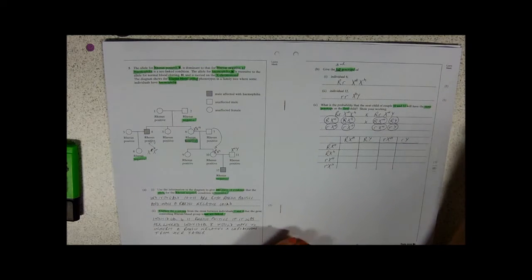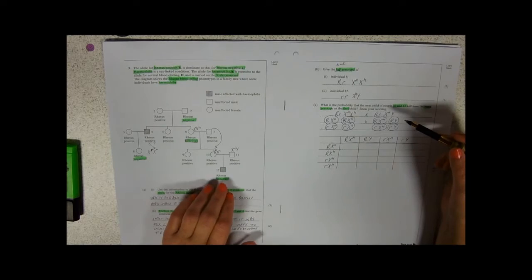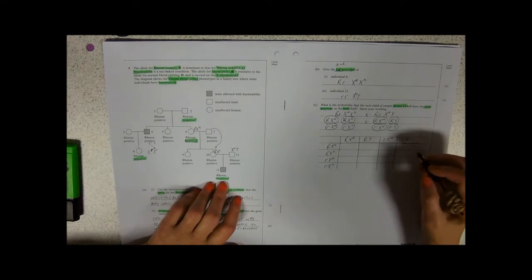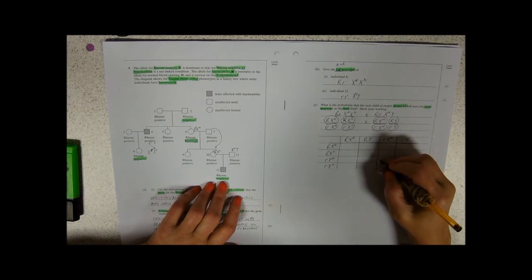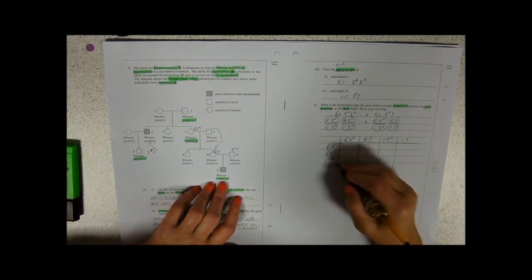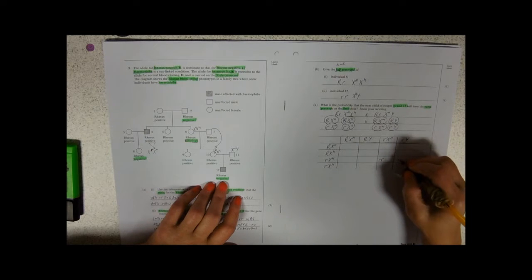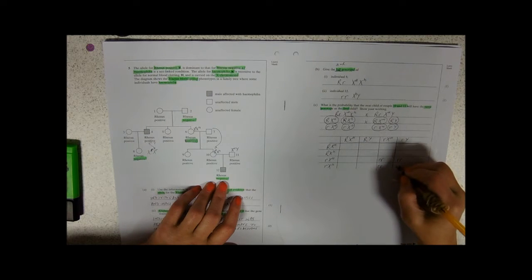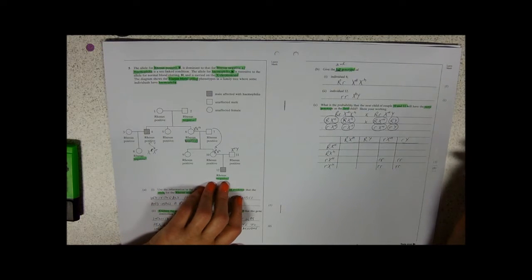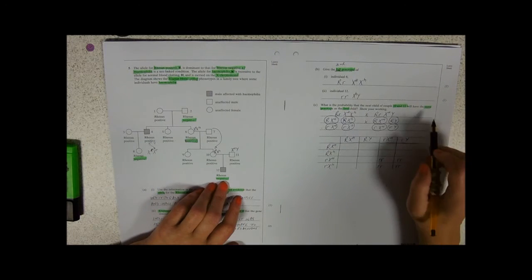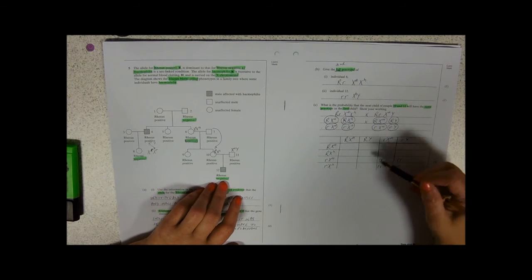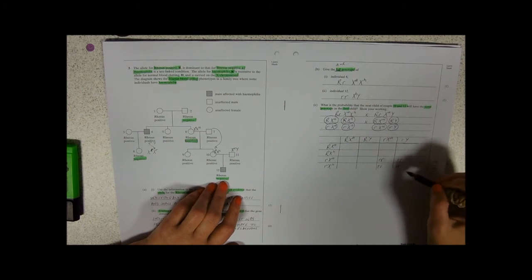Do you know what, I don't fancy filling this in. I'm only interested if the child is Rhesus negative, because it's the probability of the next child. So I'm just going to apply a bit of logic here. My little r alleles are there and there. So I'm only interested in the ones with the same genotype, the Rhesus negative ones. So I only need to look at these 4.